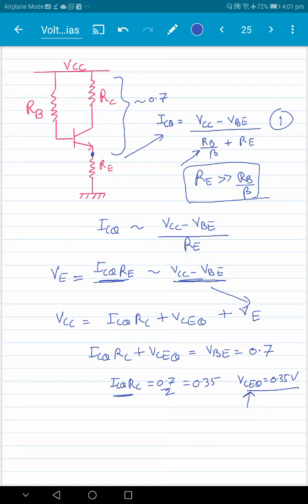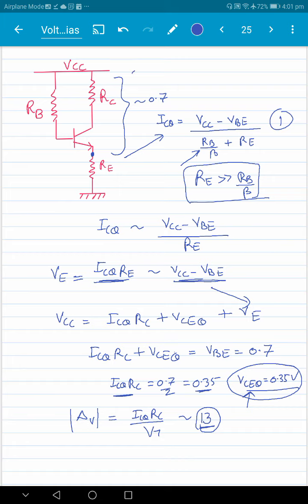The other thing is ICQ RC is 0.35, and the magnitude of the gain is ICQ RC by VT. So this you will find is only maybe 13 or so. So you get very low gain and very low swing here. That's the price that you end up paying.